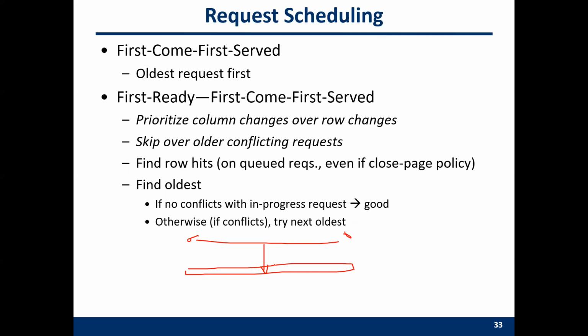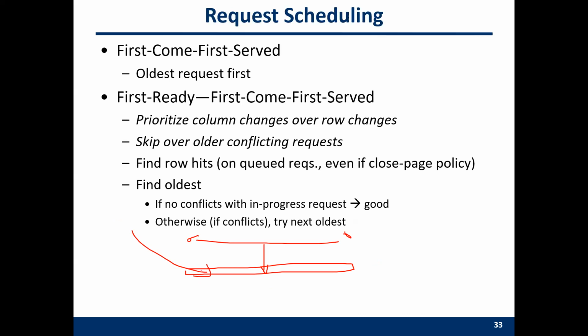Then the memory controller will schedule the requests which go to the same row, like this row buffer, first, so that you have more row buffer hits. It will reorder the requests so that more requests going to the same row go first.